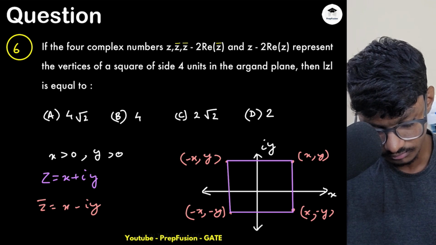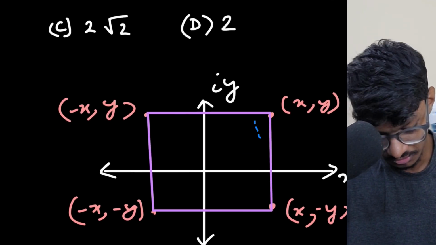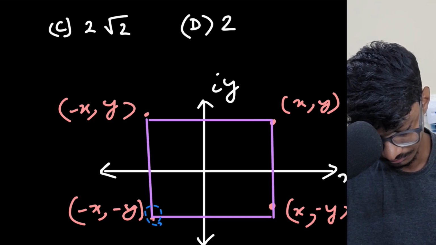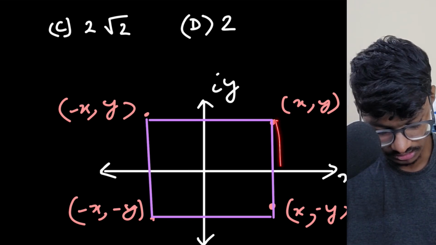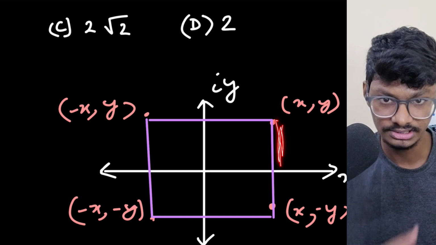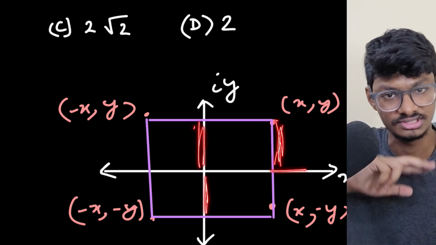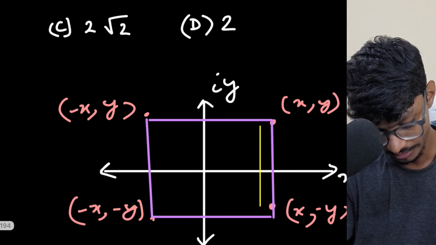It is not up to scale, but I hope you understand. This distance is y, the height from the positive x-axis, and this is also y because it is a mirror image. So overall this distance will be 2y.